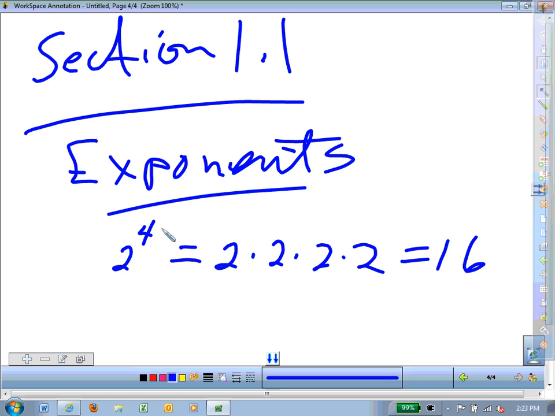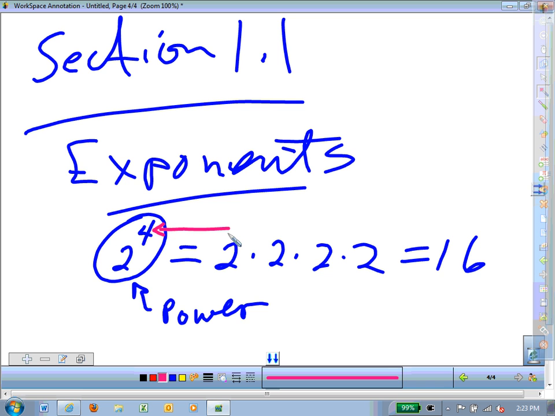But what are we doing here? We have this figure, which is, in total, is said to be a power. In this case, the fourth power of 2. Within the same notation, there's this thing, the superscript, which is the exponent. And this number, which is known as the base of the power.